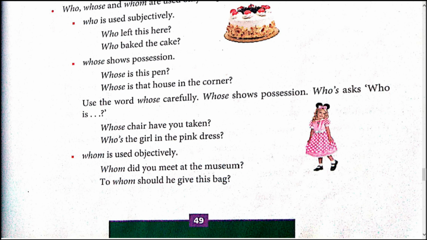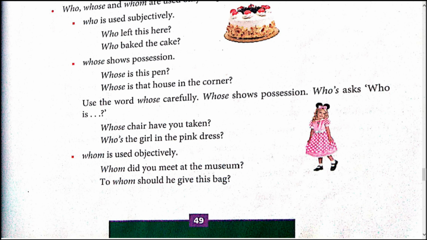Whose sounds like who is. So in that question you'll be using WHO apostrophe S. When I say who is, it is also pronounced as whose, but over there the apostrophe and S will be there. That won't come in the possession case. So the difference is shown by example.